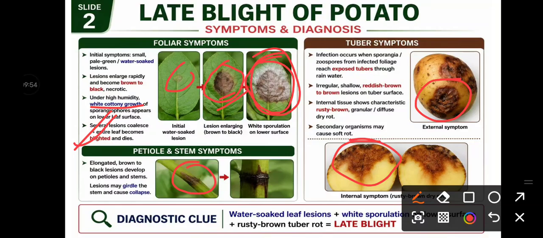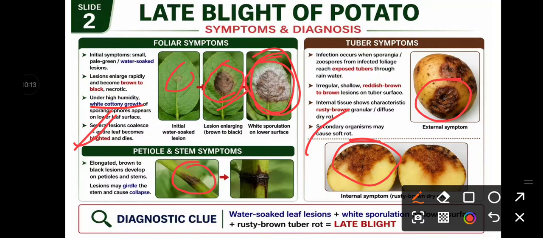It is not causing any soft rot. Secondary organisms may cause the soft rot, but this organism does not cause soft rot. Okay, so this is about the symptoms.